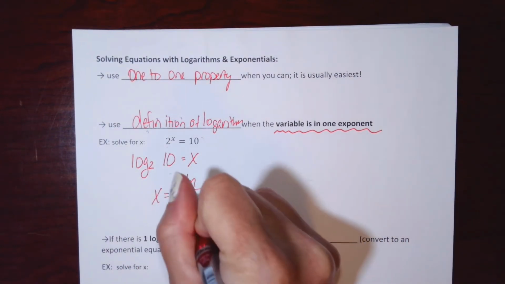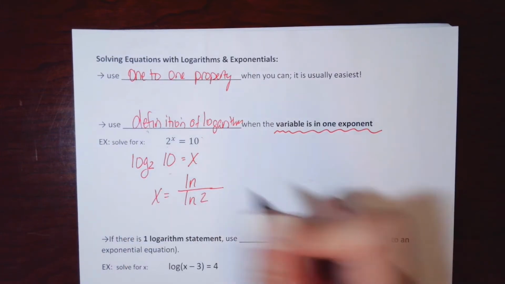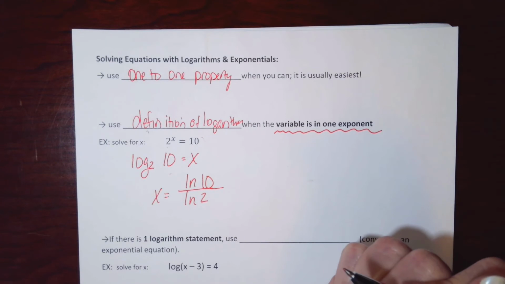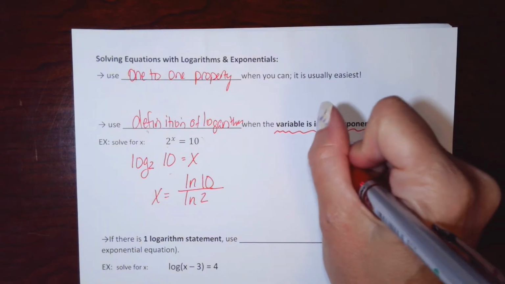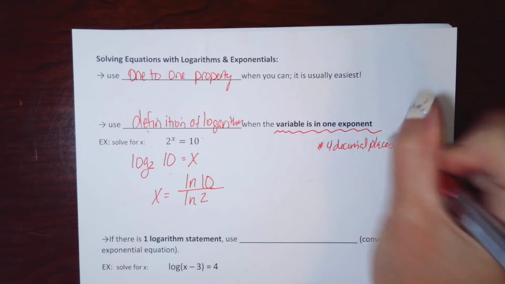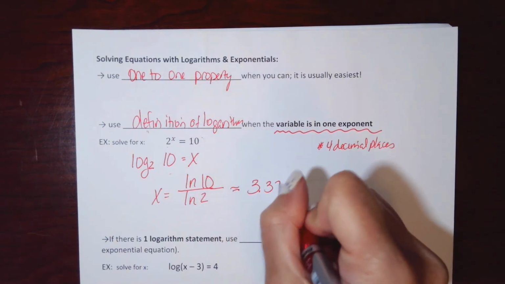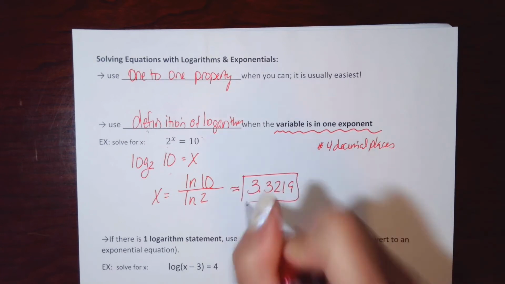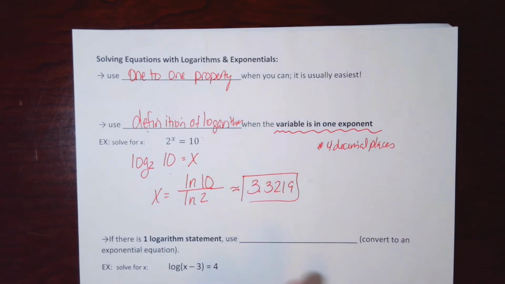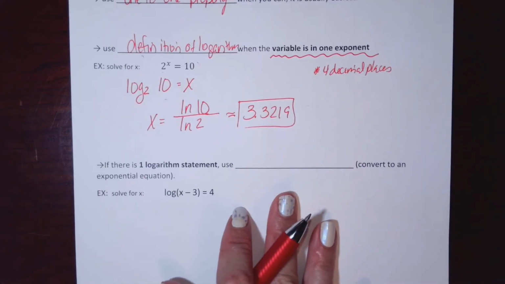Remember, you can do common log or natural log. It doesn't really matter. The number that is the base goes on bottom. When I plug this into my calculator, let's go ahead and round to 4 decimal places. You plug that into your calculator, you should get x is equal to about 3.3219 rounded off. So that's what to do if we have a variable in one exponent.